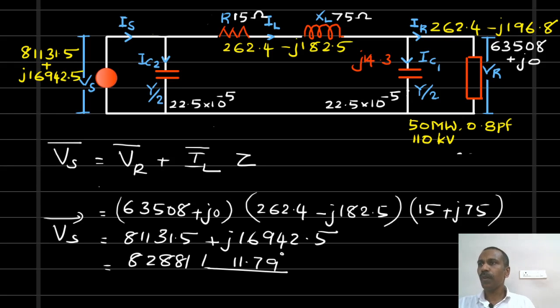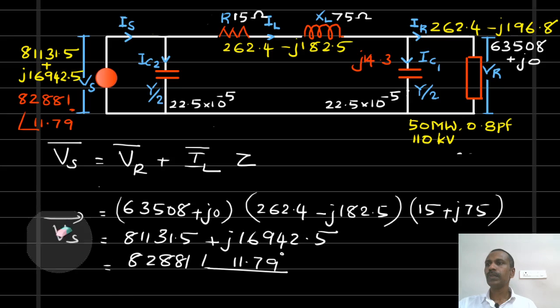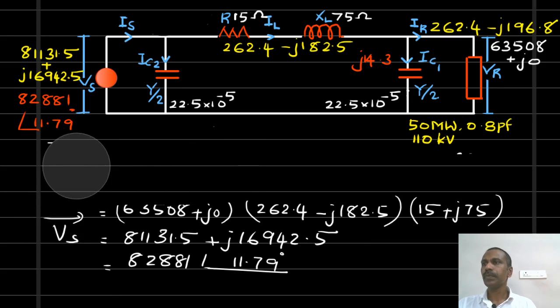In the polar form, this is 82881 angle 11.79 degrees. So this is our sending end voltage.